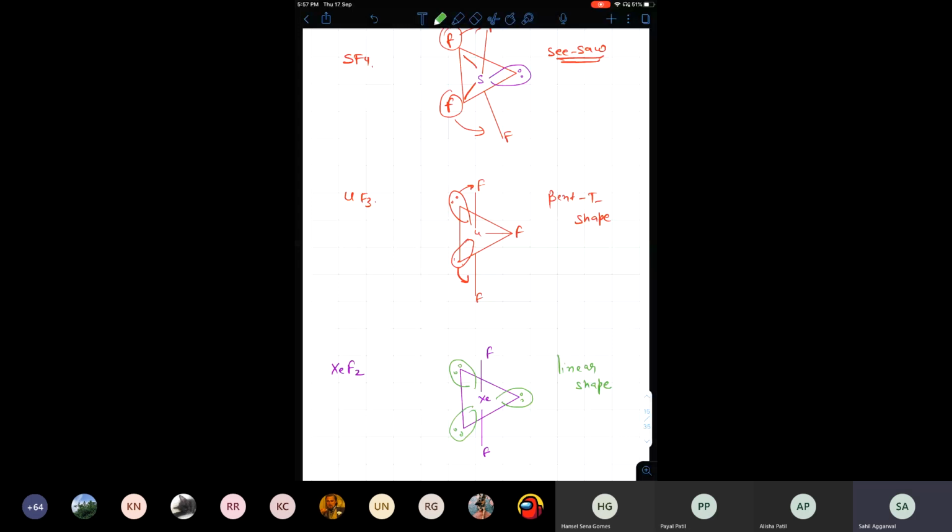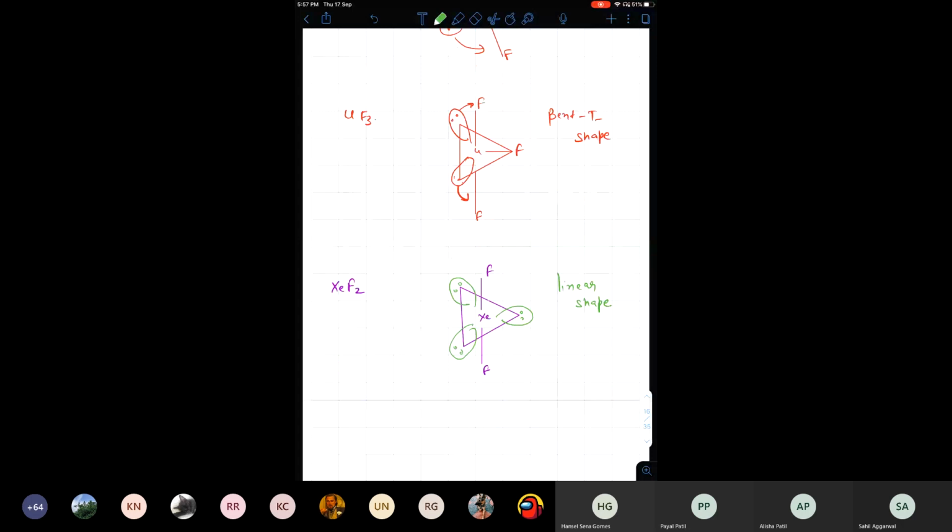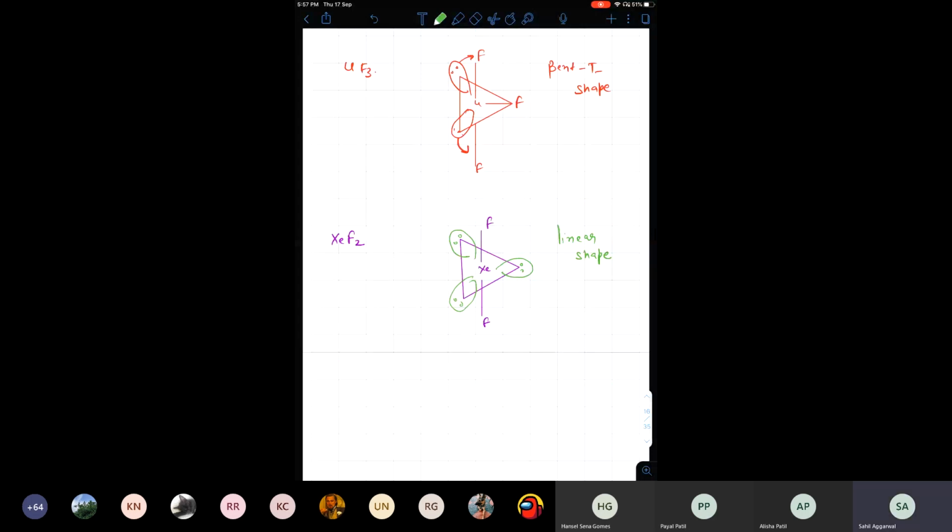Any doubt in shapes? You have to remember all this. This can be asked. Nowadays very simple papers are coming, so they can easily ask you these things. Done?